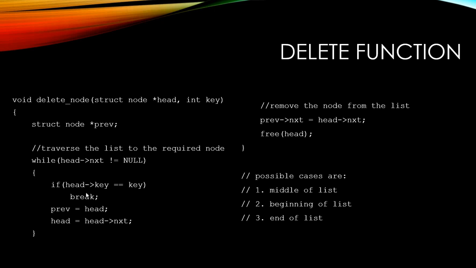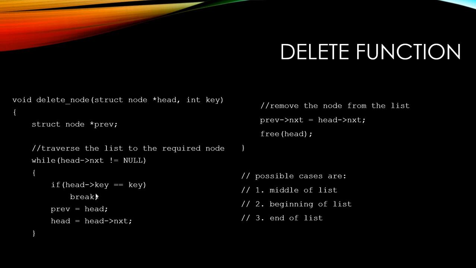Otherwise, I will keep on continuing. So how do I continue? If my key is not found, I will assign previous to the head value, and the head value will be assigned to head next. So what am I doing? Each time I'm going forward, I'm keeping the current node in the previous variable and the next node in the head variable. I'm moving forward, but I'm also keeping the previous node.